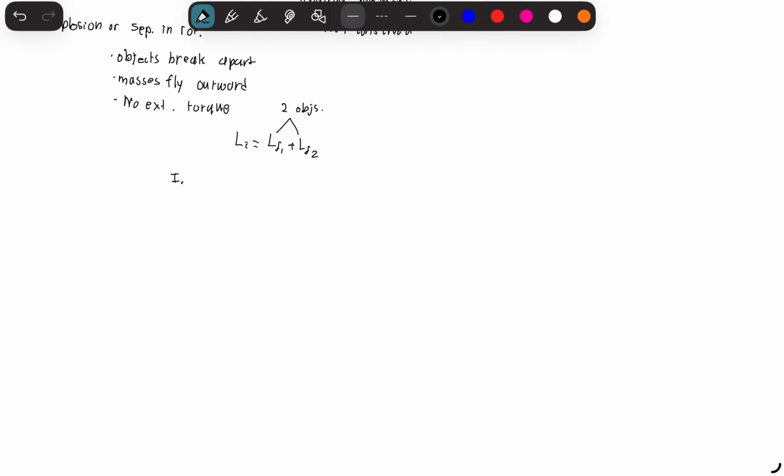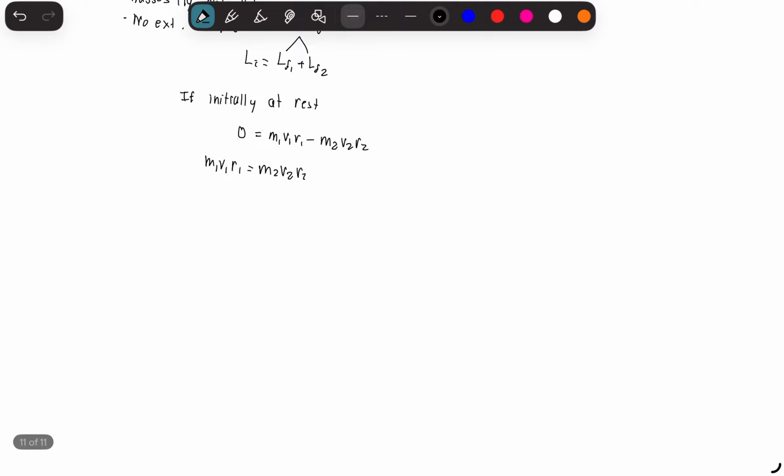If it's initially at rest, then you can write the initial is equal to m1v1r1 minus m2v2r2. Then you can add this to the other side, and you have m1v1r1 is equal to m2v2r2. And the signs matter. The reason why is because they're opposite, because they fly in opposite directions. So they split apart.